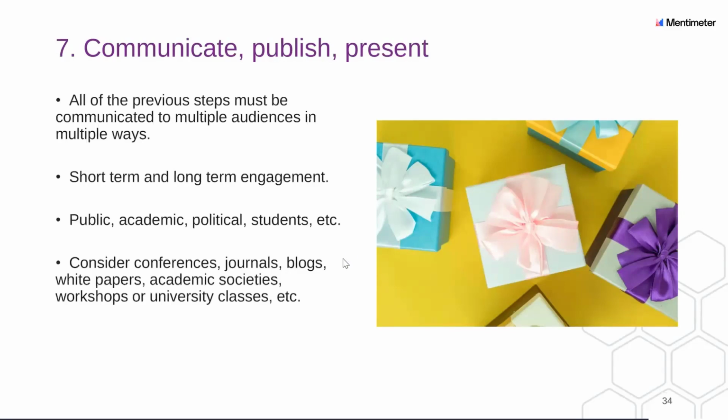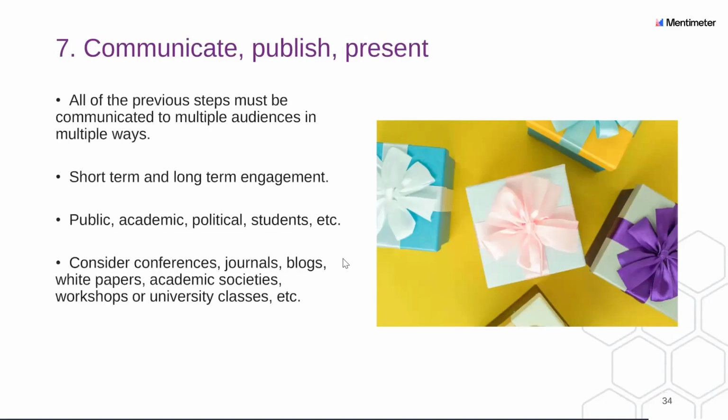All of the previous steps must be communicated to multiple audiences in multiple ways. So there's short-term and long-term engagement. There's public, academic, political, students, all the different people that you want to read your research. You have to maybe tailor it differently to each audience.